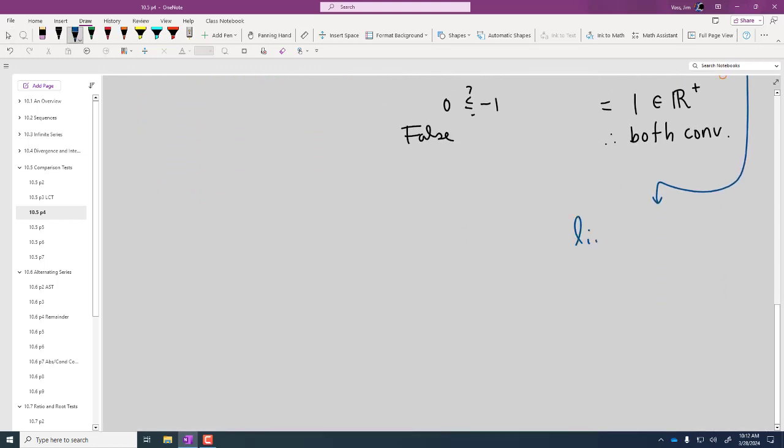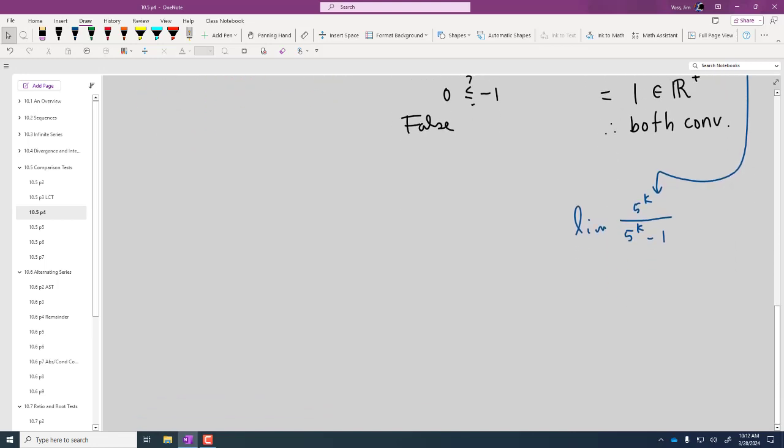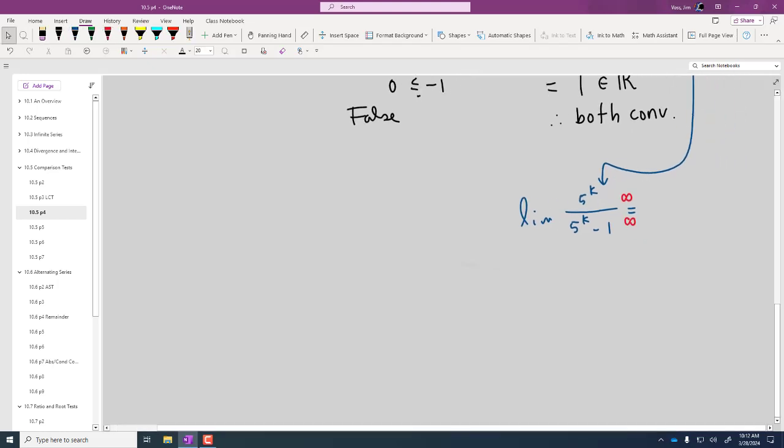If you have the limit of 5 to the k over 5 to the k minus 1, you can notice that it is an indeterminate form that satisfies L'Hopital. We have infinity over infinity, so we are going to use L'Hopital's rule, which says take the derivative of the top.